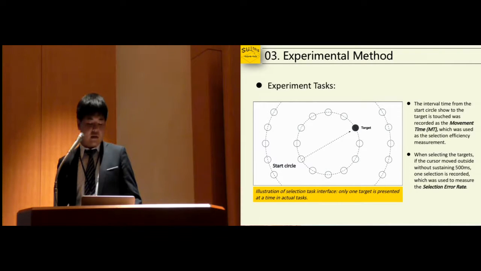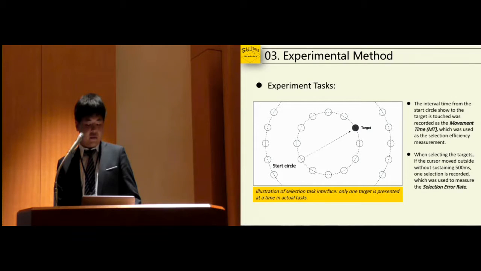Once the start circle is touched, it disappears and another black filled circle shows as the target. The target and the start circle are symmetric about the display center. The distance between the start circle and the target is the moving amplitude. Target diameter is defined as the target size.